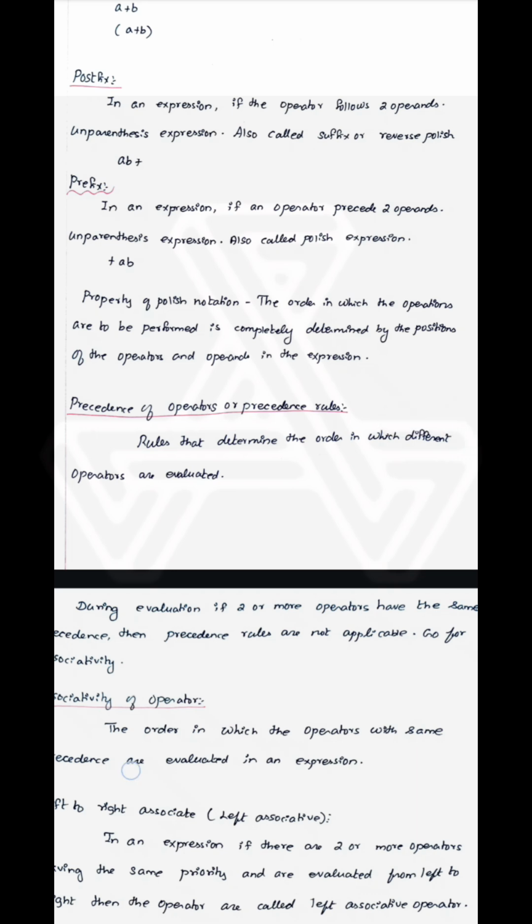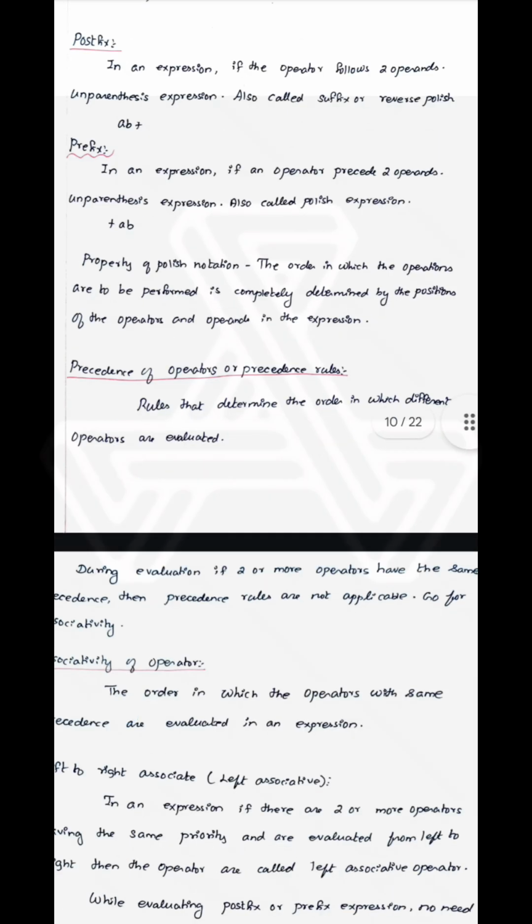Property of Polish notation: the order in which the operations are to be performed is completely determined by the positions of the operators and operands in the expression. Precedence rules determine the order in which different operators are evaluated.